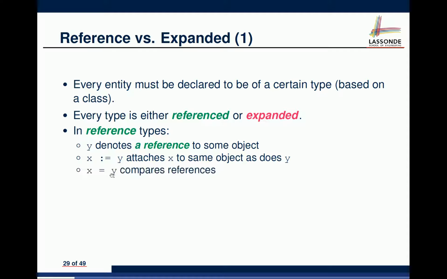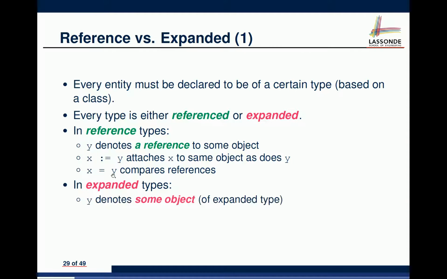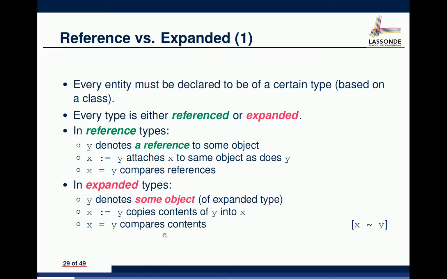If you say x equals y, you compare references. On the other hand, for expanded type, there's no notion of address. Let me emphasize that. When you say x is assigned to y, you simply copy the contents, not the address. If you say x equals y, that's as if you say tilde, as I keep saying. That's a summary slide for you.